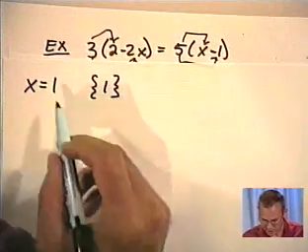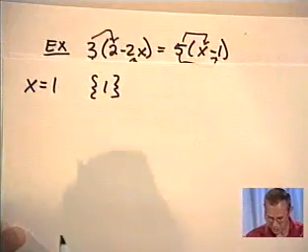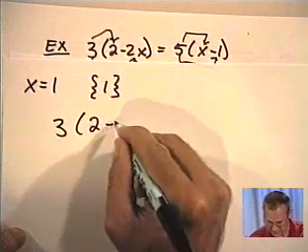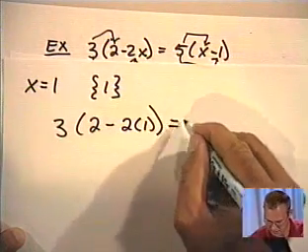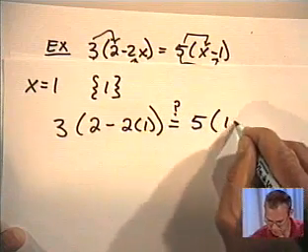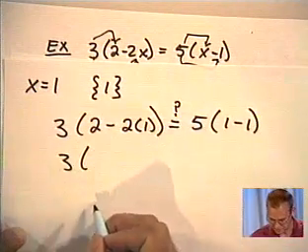Well, let's plug a 1 back into our equation into all our x's and see if we actually get an equality. So wherever I see an x, I'm going to plug in my 1. So we want to check, does this equal? All right, let's fix the parentheses first.